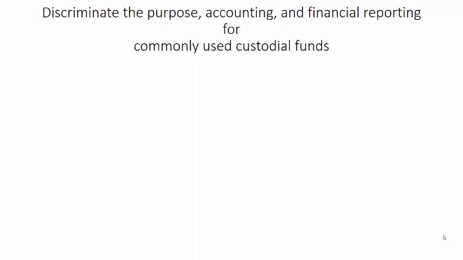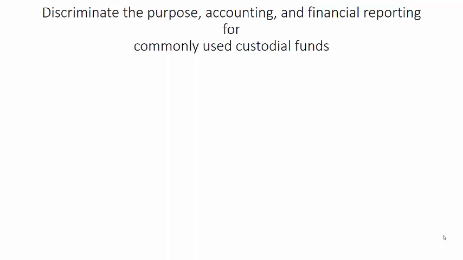Also, if the government has direct financial involvement, meaning that the government is required to match the grant funds, for example, then they don't have to use custodial funds. But if either of those two, with those little items as examples, are not met, they don't have administrative involvement, and they don't have direct financial involvement, then it's a fiduciary type of relationship, and therefore they must use a custodial fund.